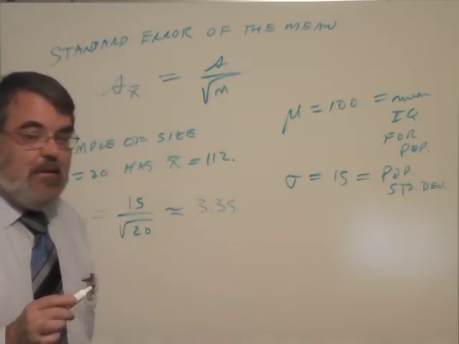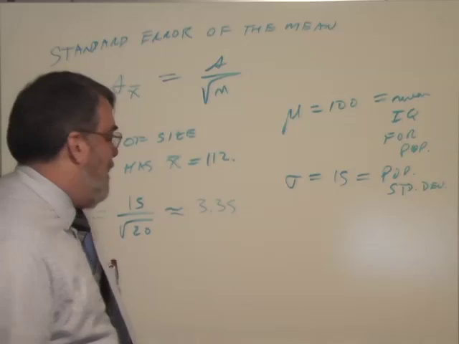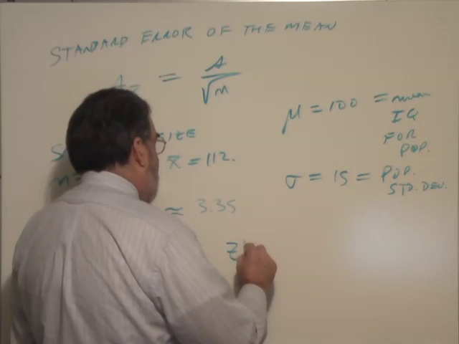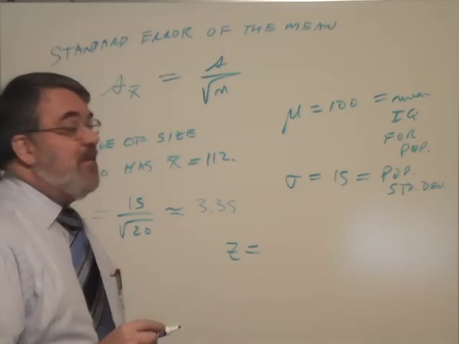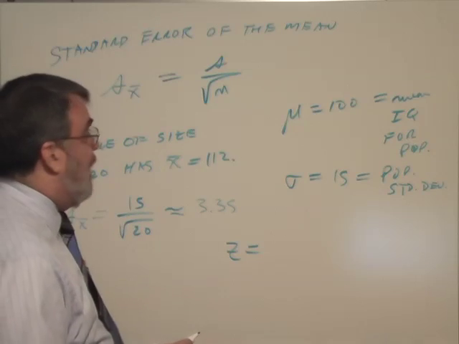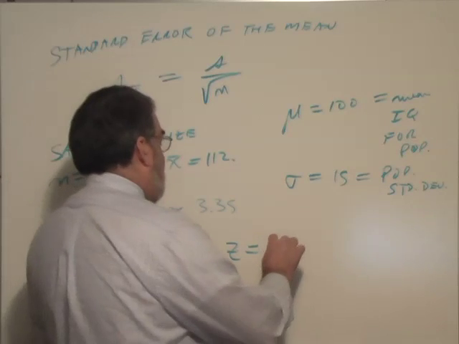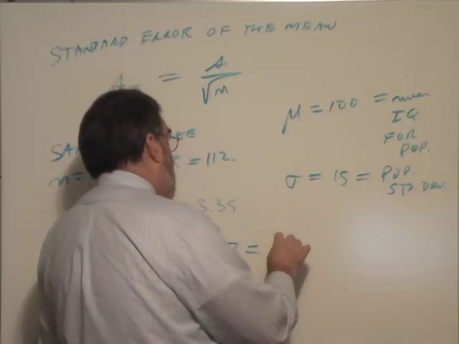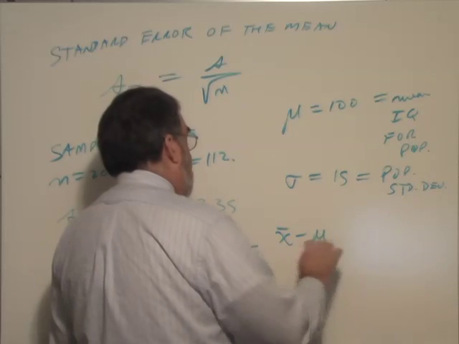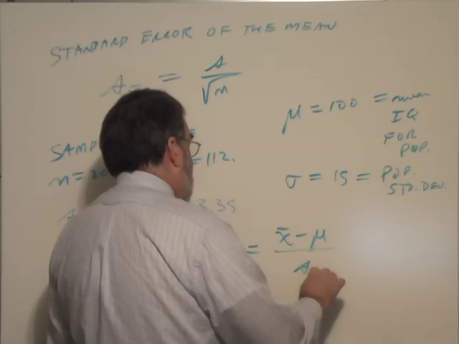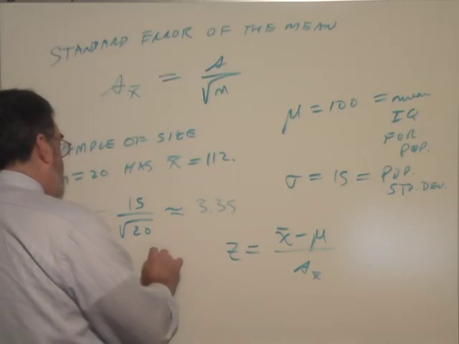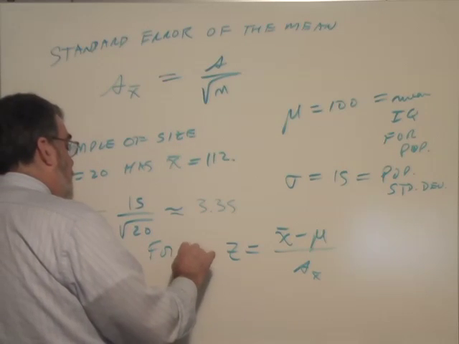So what's the z-score for a sample of 20 people? For the z-score, I'm going to substitute the standard error of the mean. So x bar minus mu divided by Sx bar, this is for a sample.